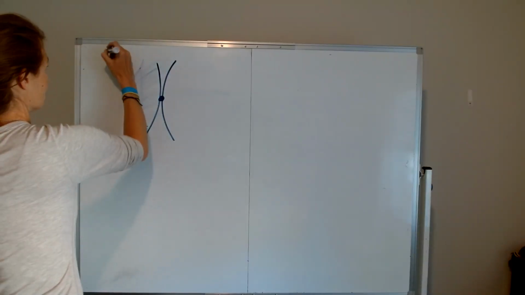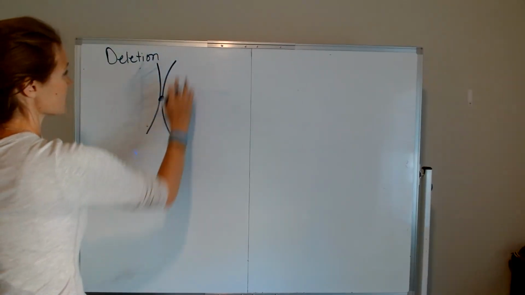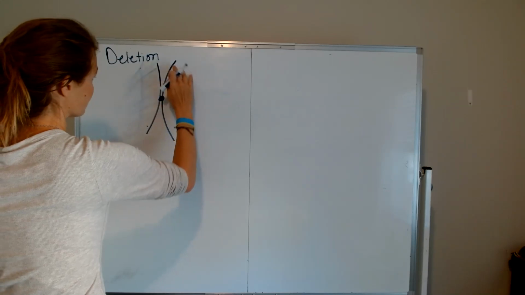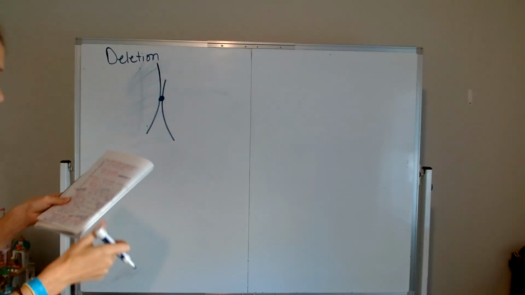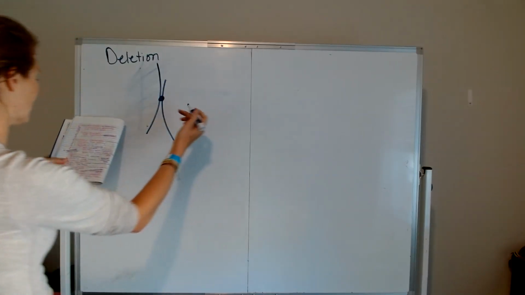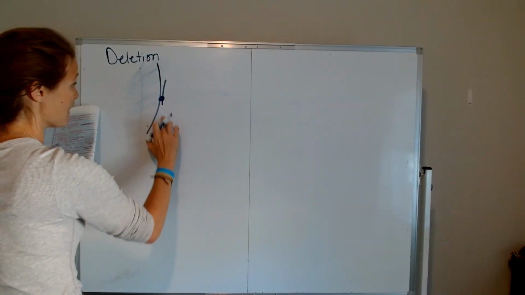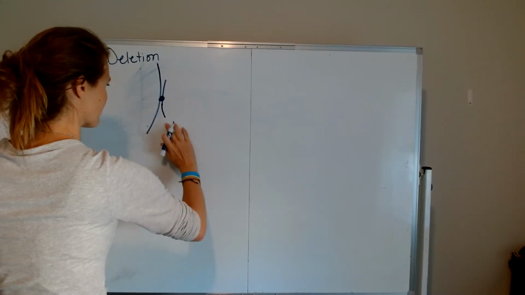So we'll put this here, deletion. Let's just say something breaks off. And you could have it at the terminal end, or you could have it in the middle, right? And then these come back together, right?